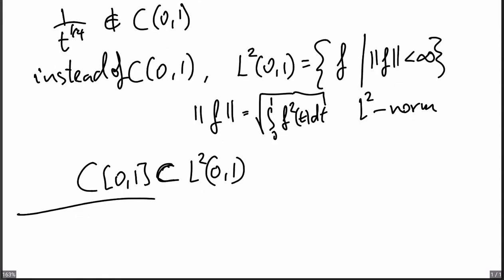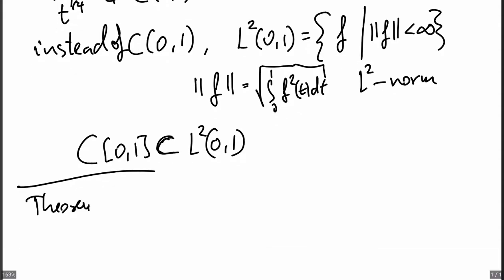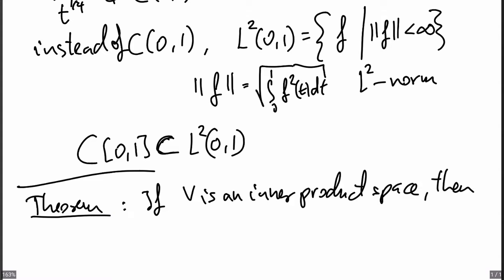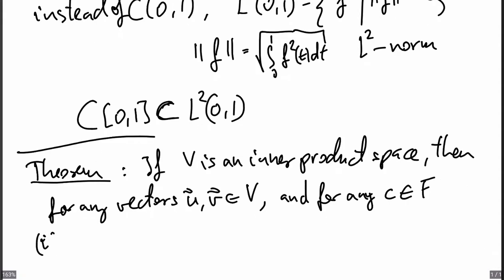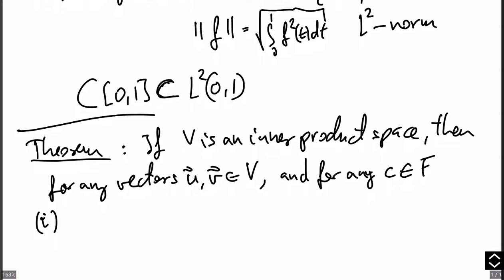Let's go back to finite dimensional vector spaces, and let's establish some basic theorems. One theorem is that if V is an inner product space, then for any vectors u, v from the vector space, and for any scalar c, the norm has the following property. So this is about the norm.